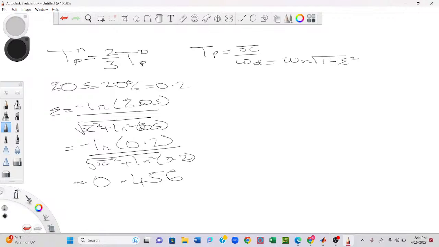Omega n is the natural frequency, so you need to get the natural frequency of the old system, and then find the new peak time. That's what we use MATLAB to do.